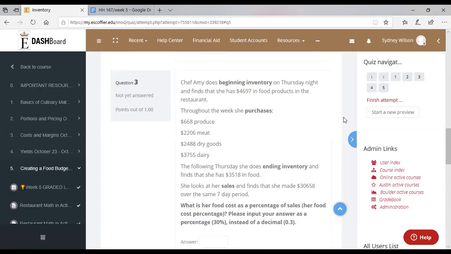In this case, the beginning inventory is $4,697. And then we're going to add up all the purchases that she made as well, which is the produce, the meat, the dry goods, and the dairy.